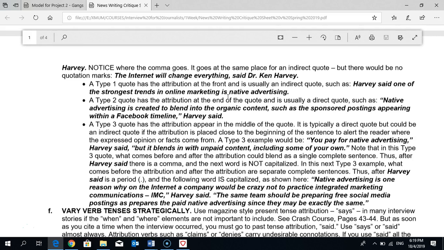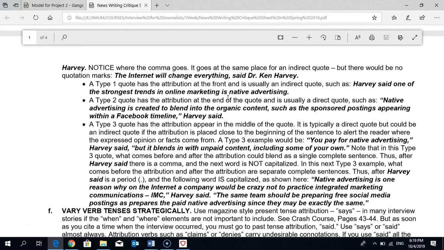It's all about the fact that you can tell the reader very quickly whether it's a direct quote by quote marks in print, and you don't have those except with video or audio, where you can tell somebody else's voice is saying it. So type 1, you put the attribution at the beginning, and that's usually an indirect quote.